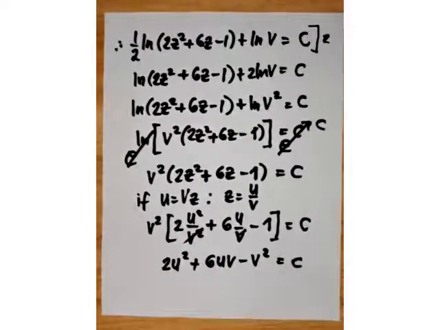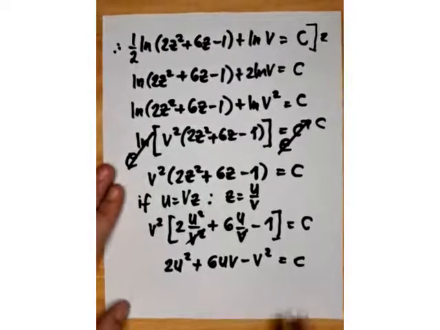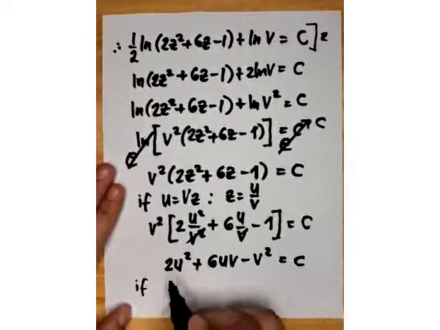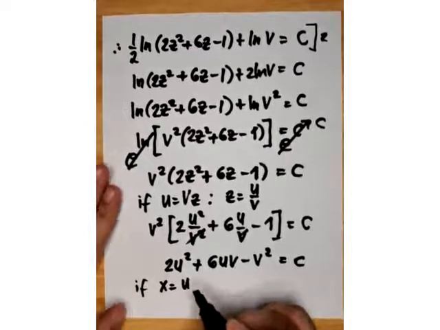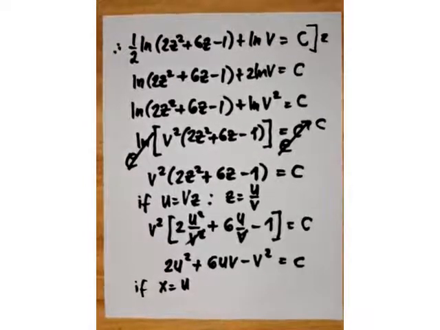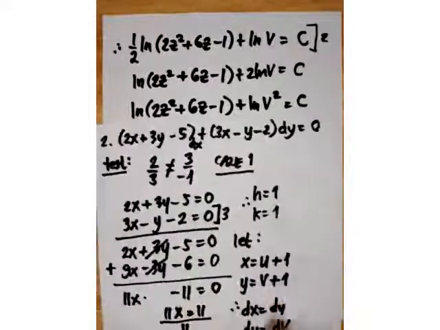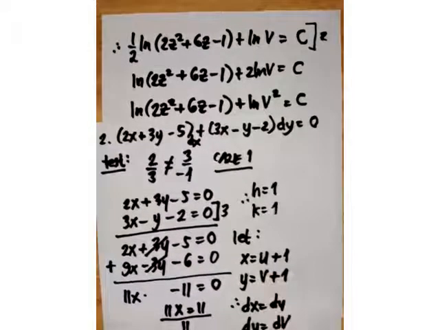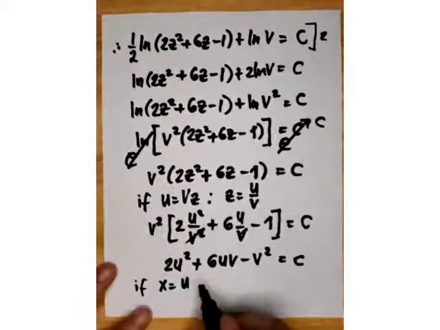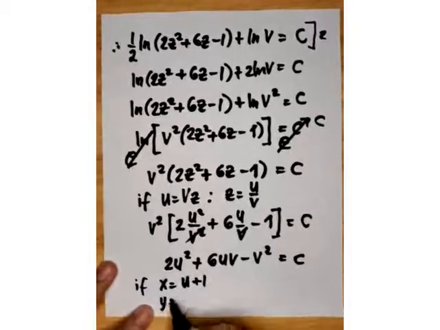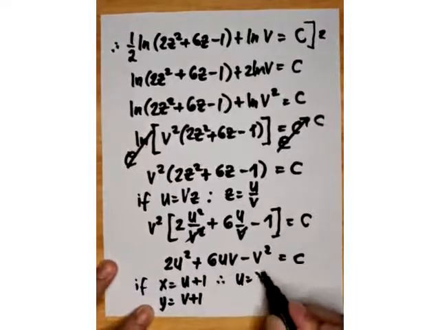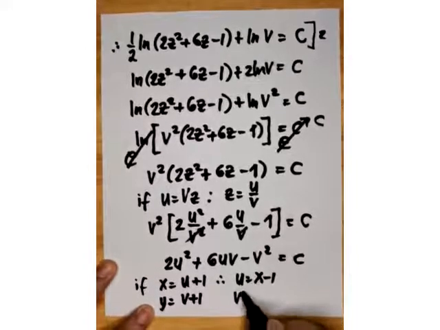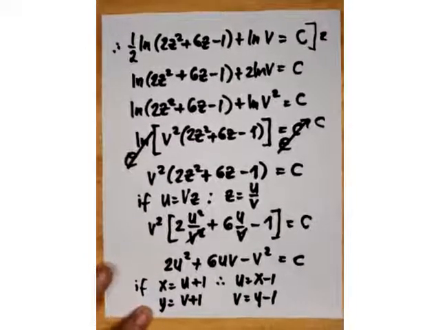Ayan. Okay, but if x is equal to u, ano yung ginamit natin? Hindi ko matandaan. So, ito. Okay, u plus 1 and v plus 1. So, x is u plus 1 and y is v plus 1. So, therefore, u is equal to x minus 1 and v is equal to y minus 1.